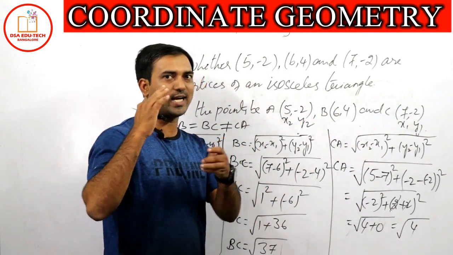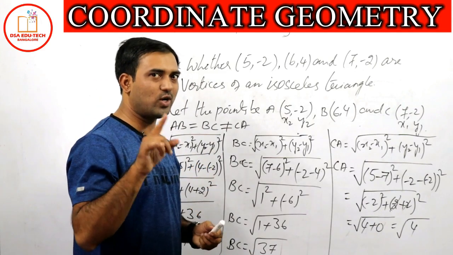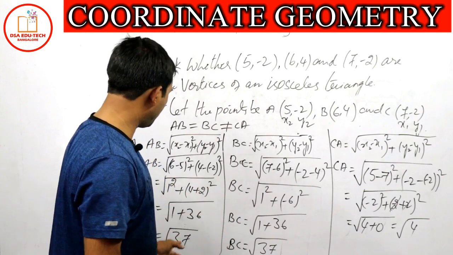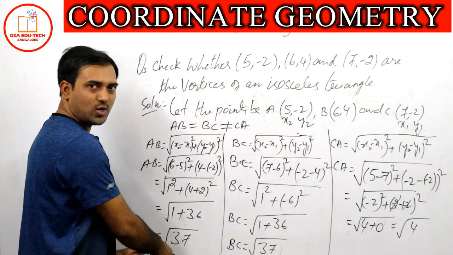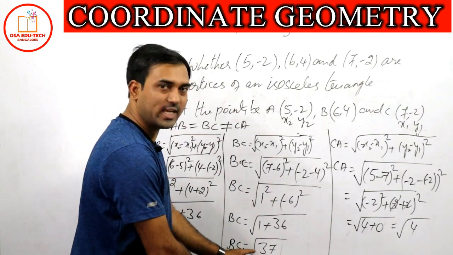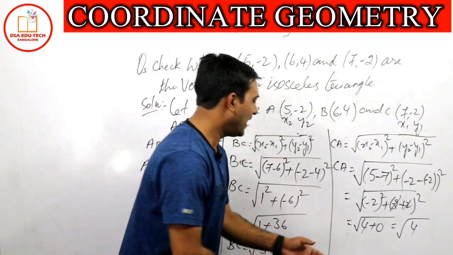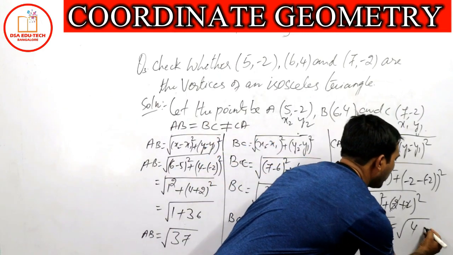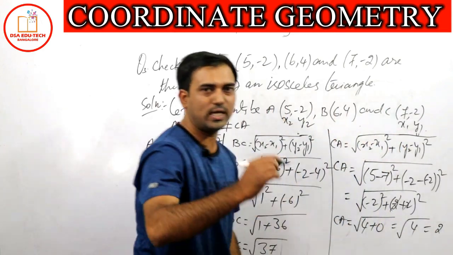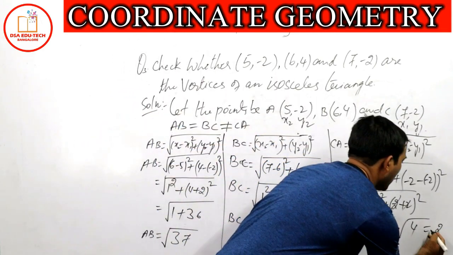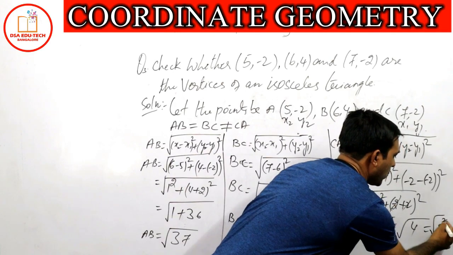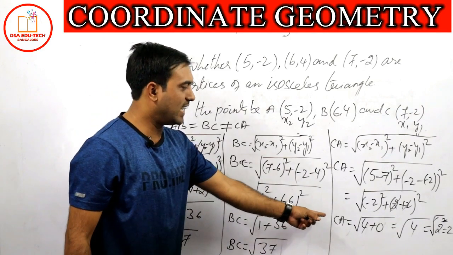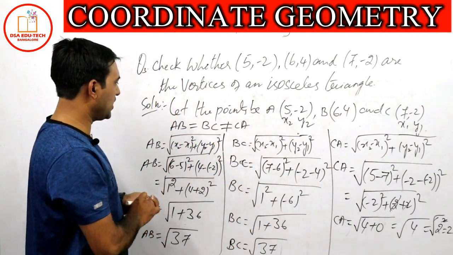Now we need to check the condition. Is AB equal to BC, and is that not equal to CA? If you observe properly, AB is root 37, BC is root 37, and CA is root 4. Root 4 can also be written as 2. If you want, I'll write one more step: the square root and square cancel, so it will become 2. CA is 2. Go to the condition.